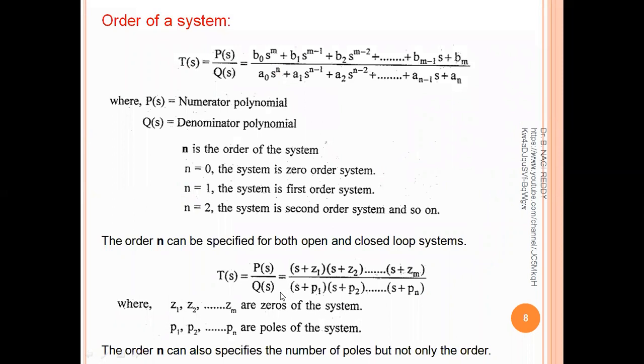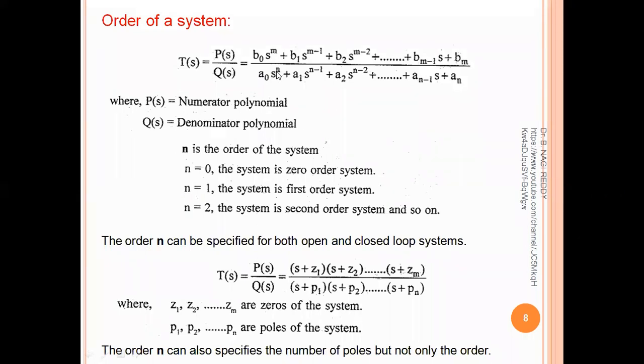Okay, so the order of the system can be determined with the help of the maximum power in the denominator, which is n, and this n is also equal to the number of poles. So the order of the system and the number of poles of the system are both equal.